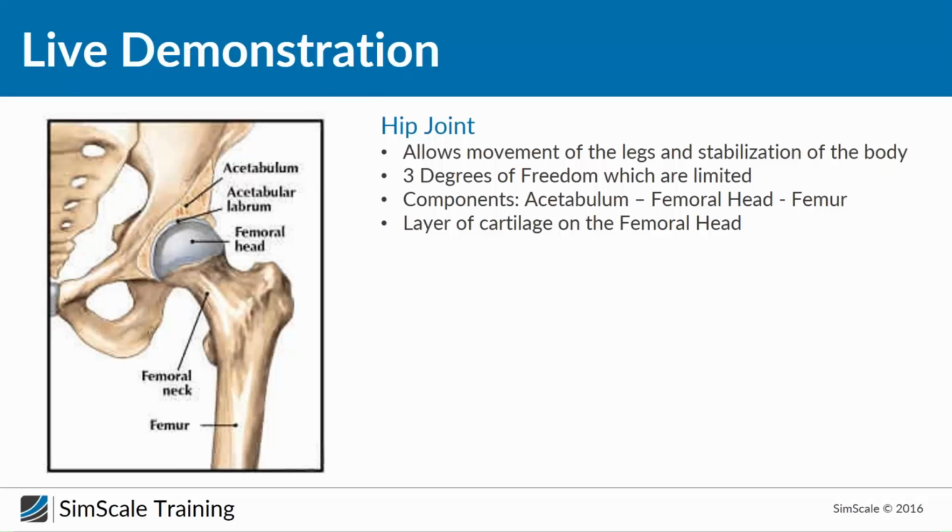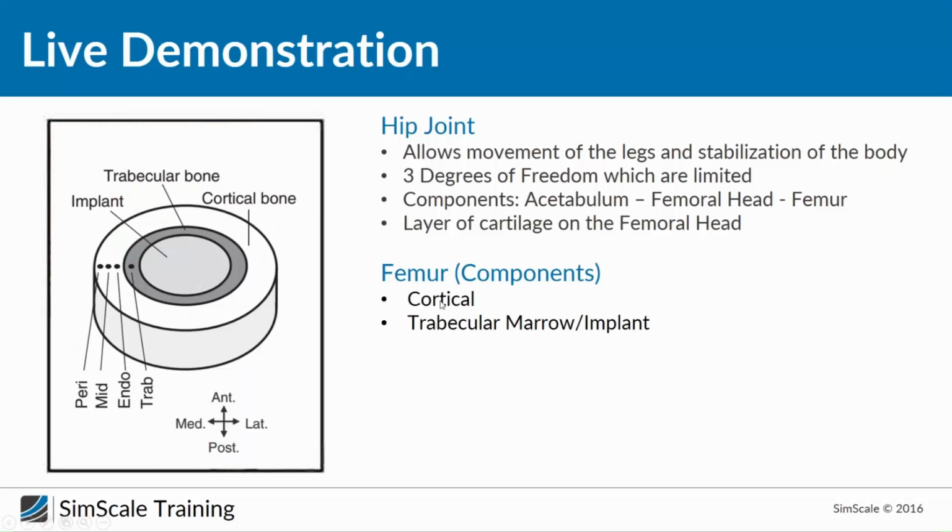So you have in total 3 degrees of freedom for your hip, and they are limited by the structure of the cartilage on the femoral head. And you can imagine if you now have damage in this cartilage layer, your hip joint will not work properly anymore. But before we talk about that, let's just take a look at the structure of the femur bone.